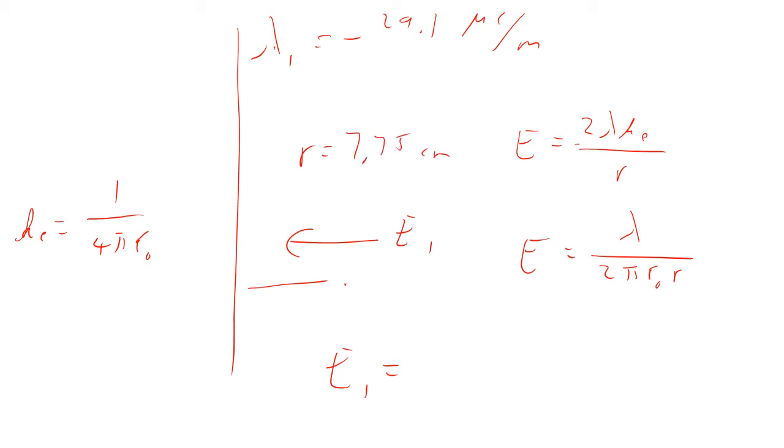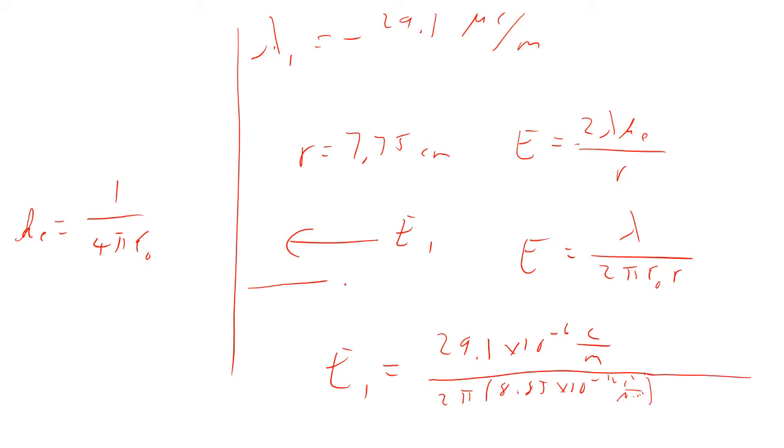So I plug that in, then this is going to be 29.1 times 10 to the minus 6 coulombs per meter divided by 2 pi times 8.85 times 10 to the minus 12 coulomb squared per newton meter squared, times the R, which was 0.0775 meters.